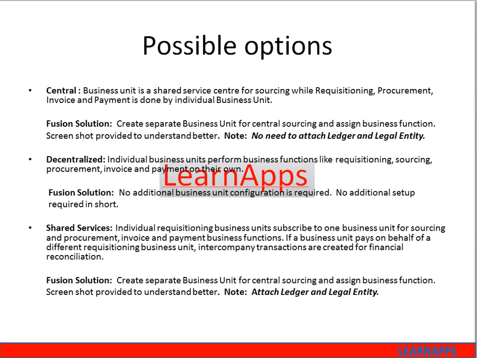In this case, we don't need to attach the ledger and legal entity. It means the system will not create any intercompany transactions. There is no need for any financial transactions. I'll explain a little bit later.